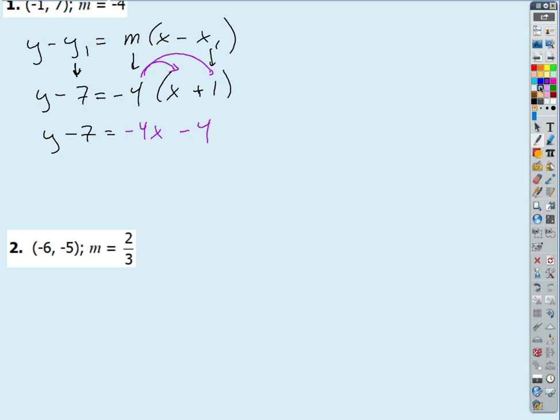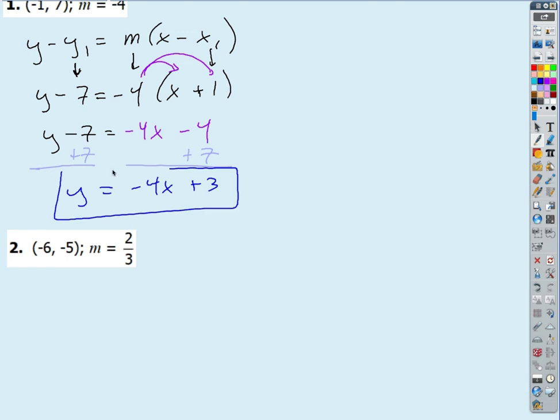So if we add 7, then I end up with y equals negative 4x, and then negative 4 plus 7, those are like terms. What do they add to? What's the negative 4 plus 7? What is that? 3. There it is. Right there.